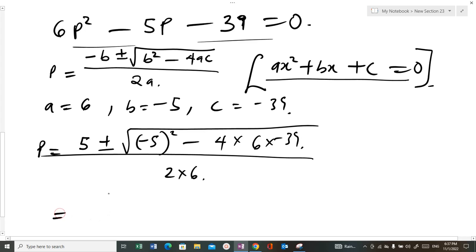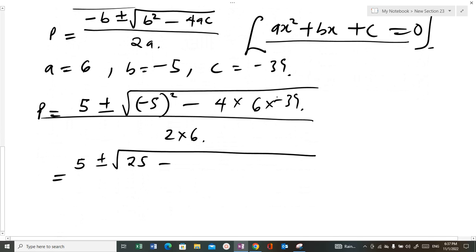So we have 5 plus or minus the square root of 25 minus, okay, because there's minus here, it will be plus 4 times 6 times 39.